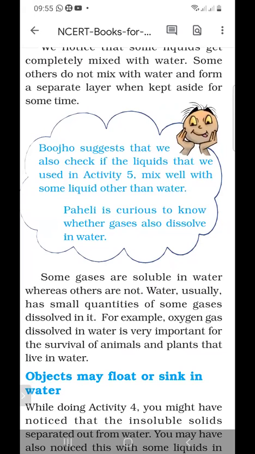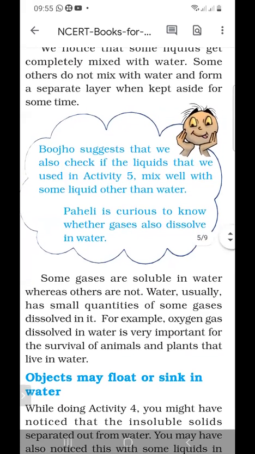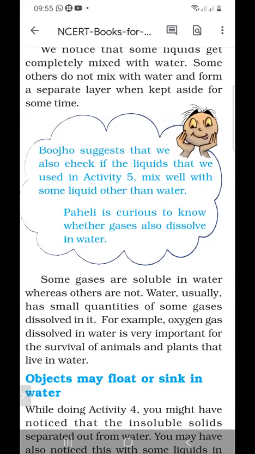And what is the use of this oxygen gas? This oxygen helps with the survival of animals and plants that live in the water. Suppose fish live in the water, how do they get oxygen? They get oxygen from within the water so that they can survive.